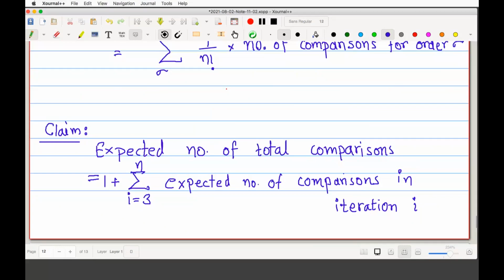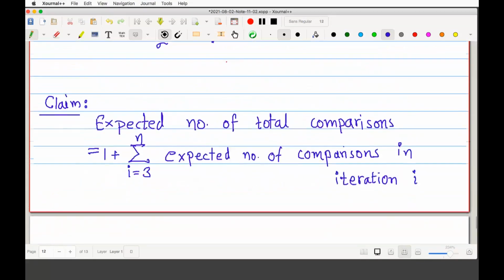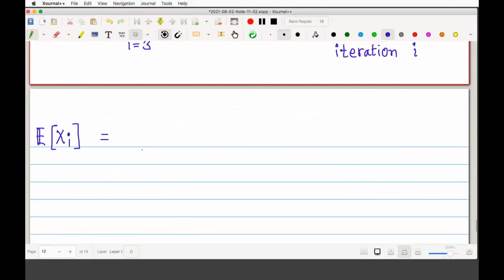I mean, does it look like an obvious statement which you knew in class 2 or something? Or does it look like a non-trivial statement? Any comments on this? Sir, is this because of linearity of expectation, right?